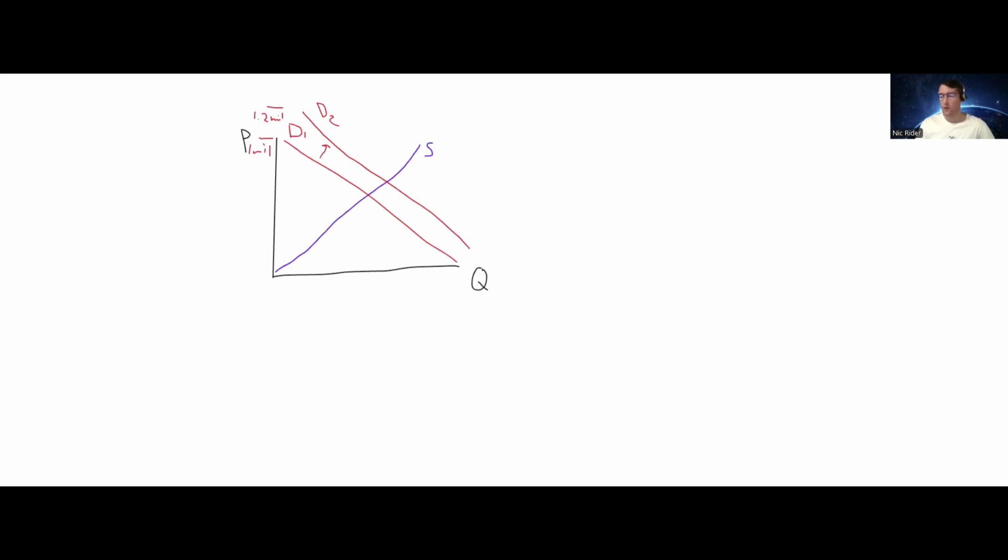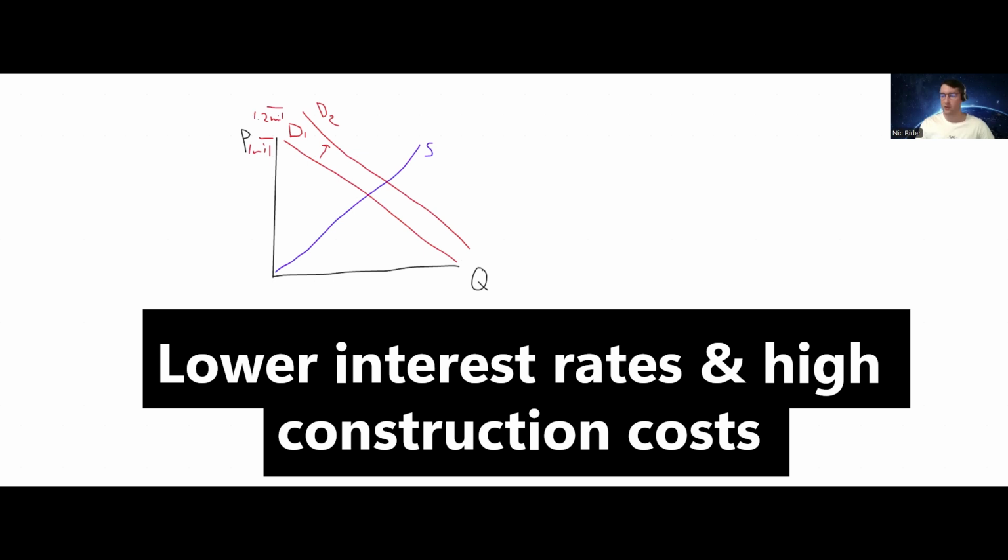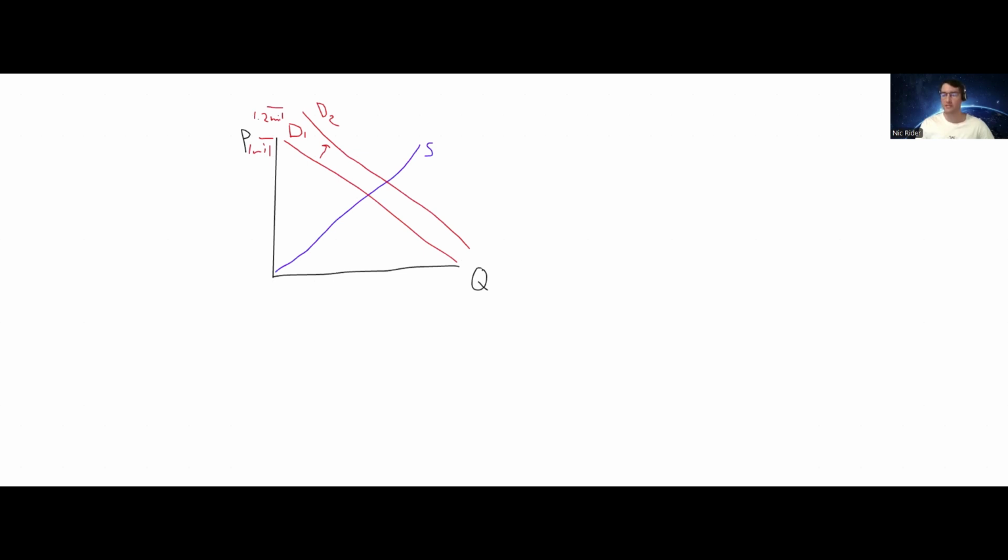But what we would see too is as the price increases, the supply potentially reduces here, and comes to, say, here. So we now look at the new market equilibrium between D2 and S2.